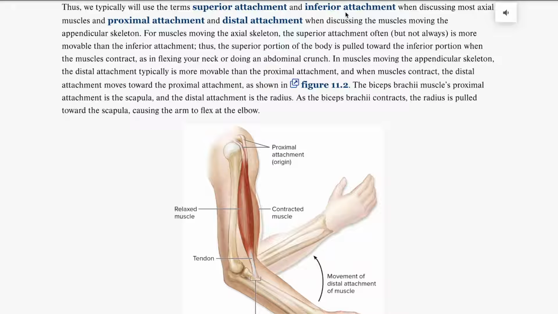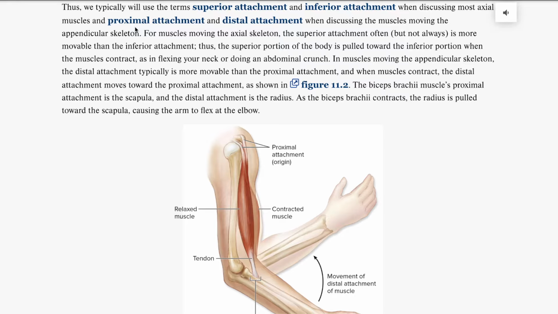If we are on the appendicular skeleton, the origin tends to be the proximal attachment. Remember, proximal meaning closer to the point of attachment. So that makes sense that if we are looking at a muscle on the appendicular skeleton, we would use the term proximal.